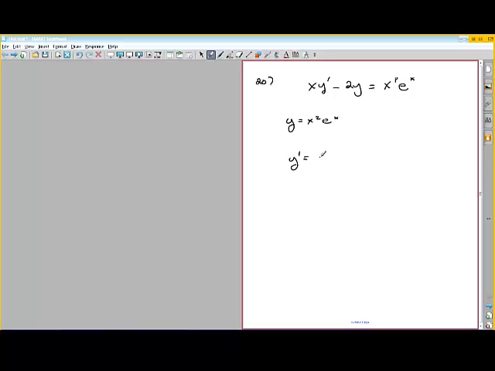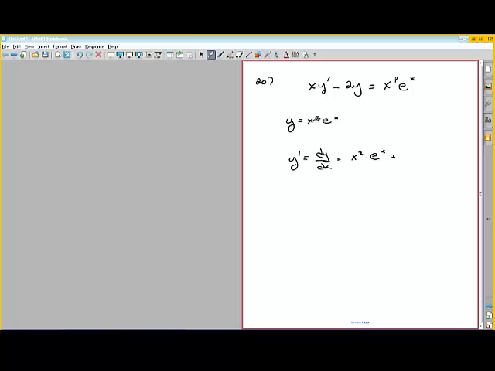And y prime is dy dx. We're taking the derivative of this with respect to x. We have a product, so we use the product rule. The derivative of x squared e to the x is the first term times the derivative of the second term. The derivative of e to the x is just e to the x, so that part doesn't change.